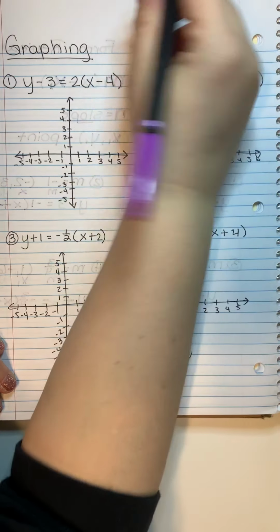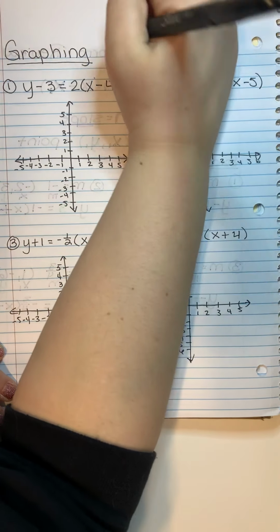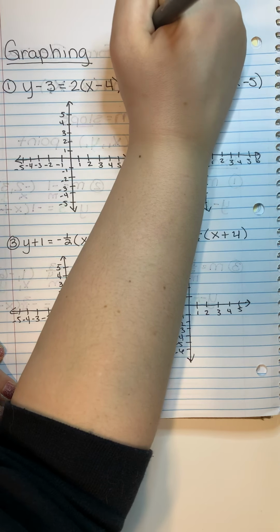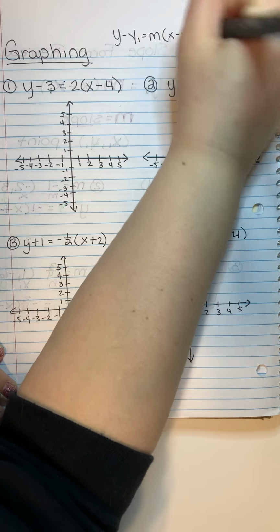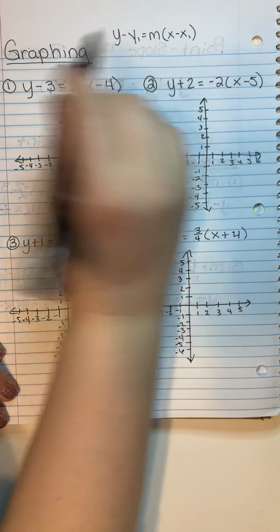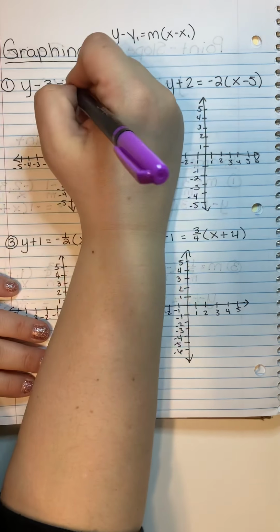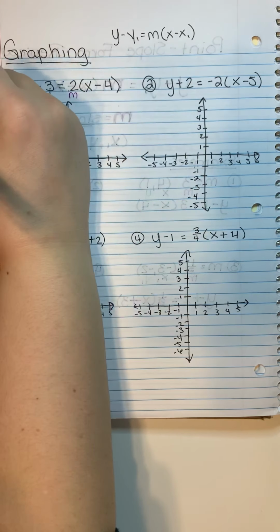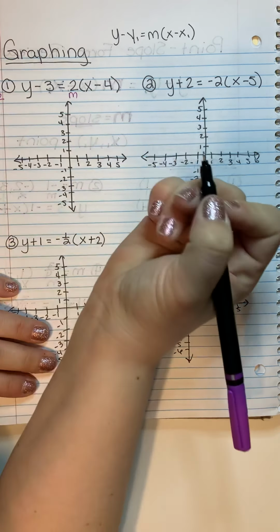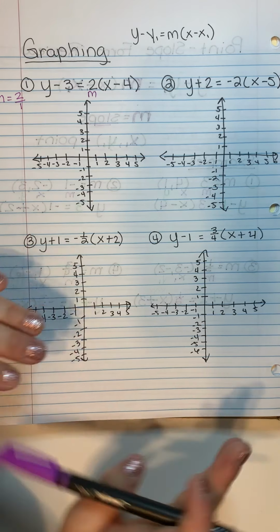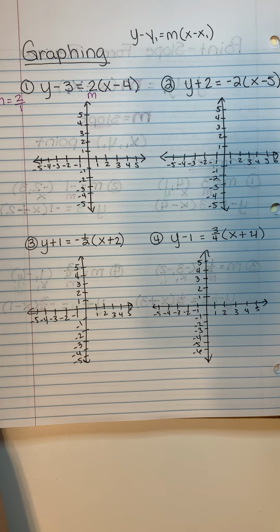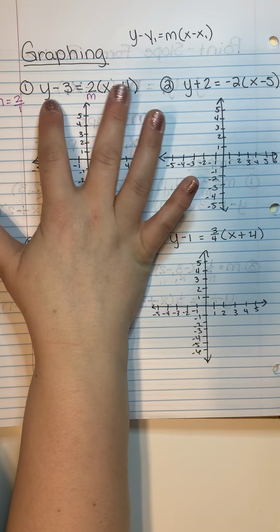Remember, our form is y minus y1 equals m, and then x minus x1. M is right in front of the parenthesis, so this would be our m. M equals 2, and we can put a 1 underneath it for when we go to graph it. Our point is going to be the x and the y.